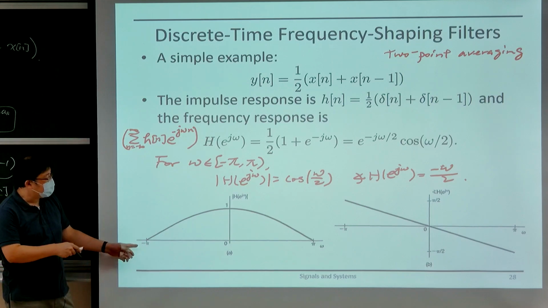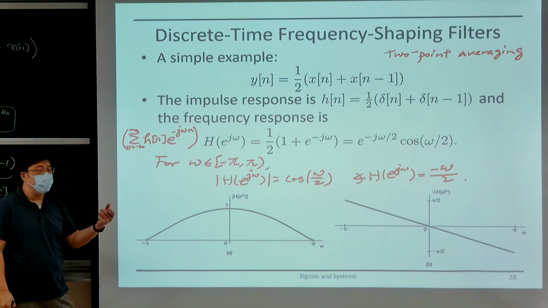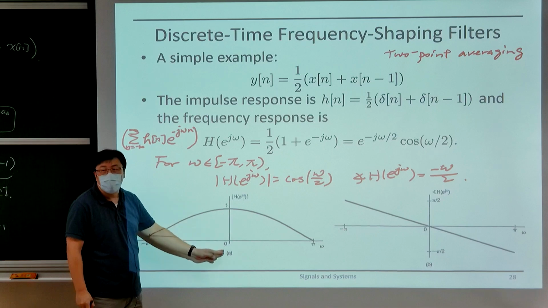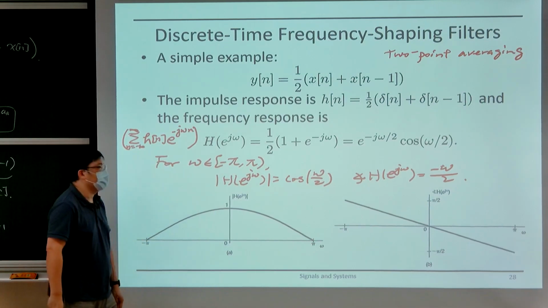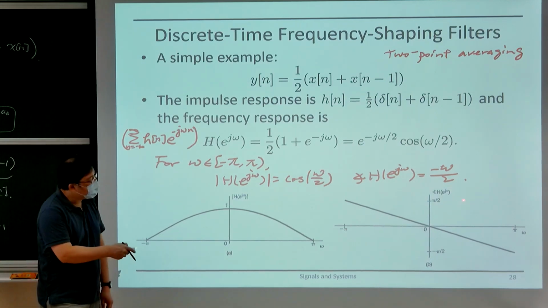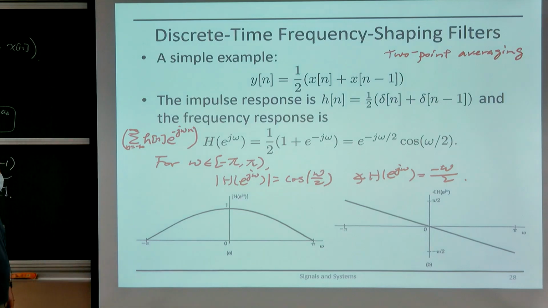So when you plot this out, the magnitude looks something like this. Different from the differentiating filter, this filter amplifies the low frequency component and suppresses the high frequency component. And it causes a linear phase shift as the frequency varies.